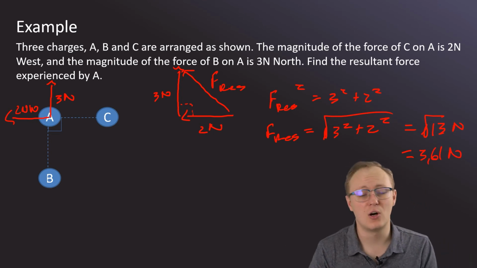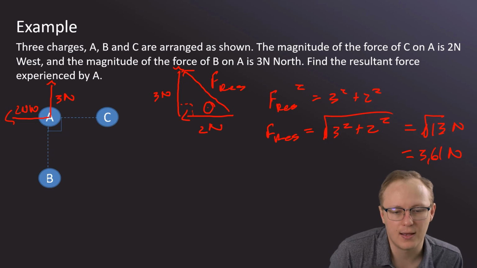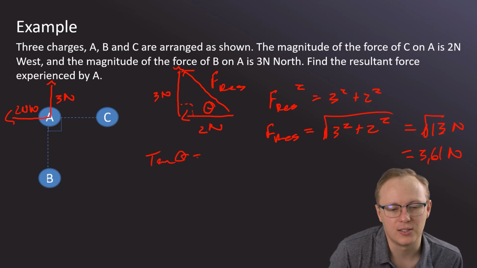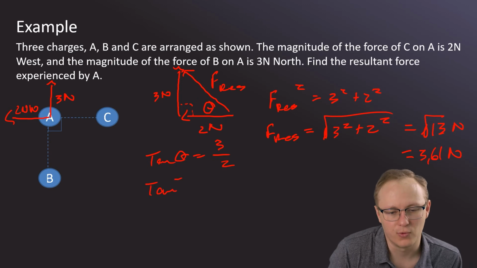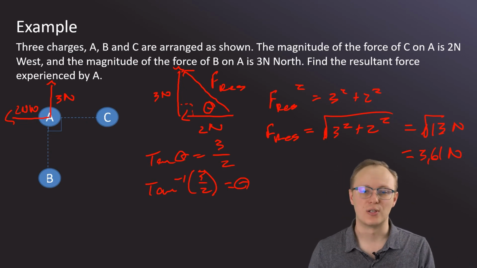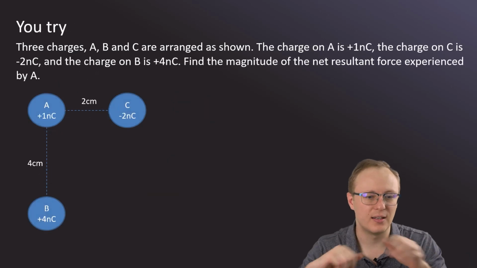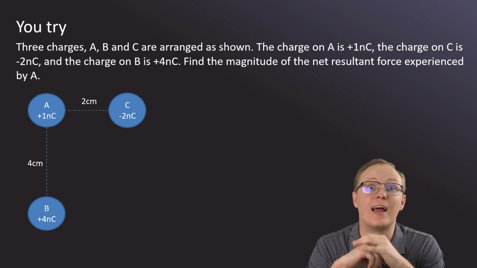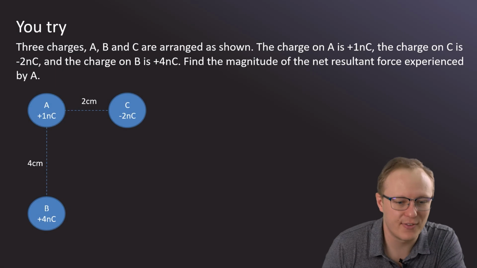Okay, and then if you are asked to give a direction, what you'll have to do is put theta there as that angle, and then use the following: tan theta is equal to 3 over 2, and then tan⁻¹ of 3 over 2 equals theta in order to find that theta, and then you can use that angle in order to indicate the direction. Okay, so what I'm going to do now is pause the video and then you are going to try the following. So well done on giving that a try.